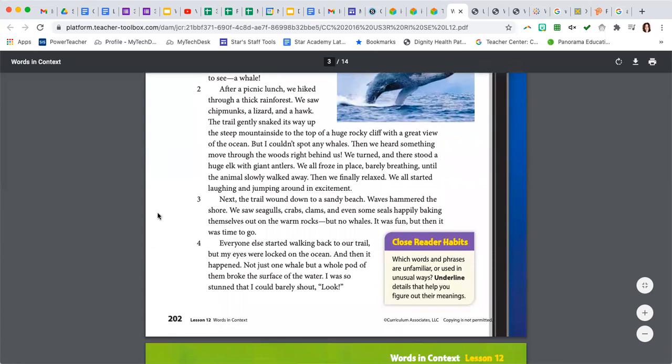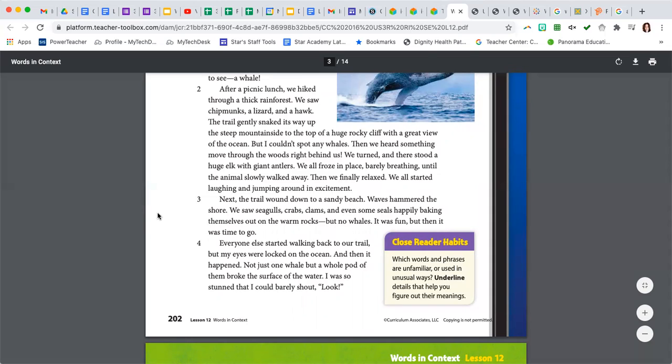Next, the trail wound down to a sandy beach. Waves hammered the shore. We saw seagulls, crabs, clams, and even some seals happily baking themselves out on the warm rocks, but no whales. It was fun, but then it was time to go.